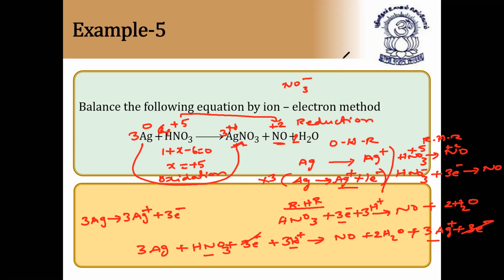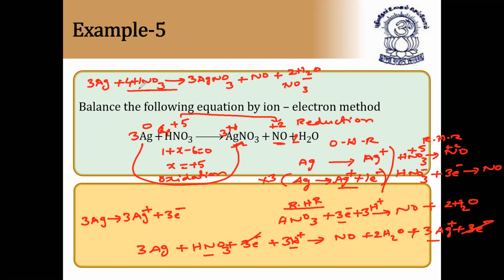So the final equation I'm writing here. Please note it down. 3Ag plus 4HNO3 gives rise to 3AgNO3 plus NO plus 2H2O. This is the final equation.